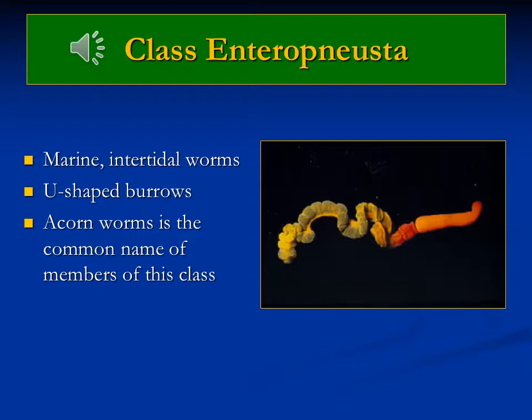But these are marine, intertidal, vermiform, deuterostomate creatures. And they're interstitial, living in the mud, right? They construct U-shaped burrows, and obviously they're named acorn worms because of the shape of the proboscis. Let's look at its anatomy in the next slide.